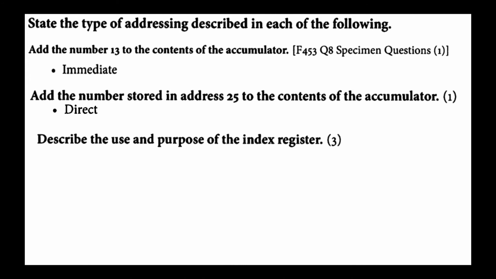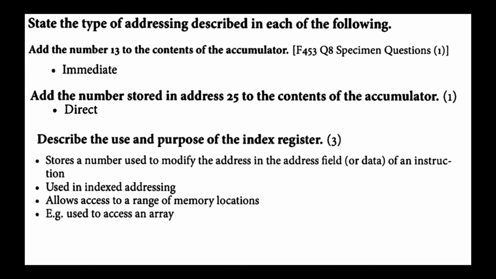Then describe the use and purpose of an index register. It stores a number used to modify the address in the address field of an instruction. Used in index addressing, it allows access to a range of memory locations, for example, to access an array.